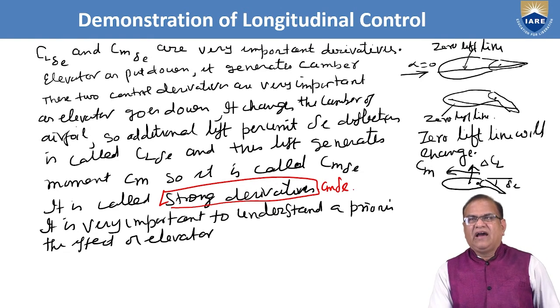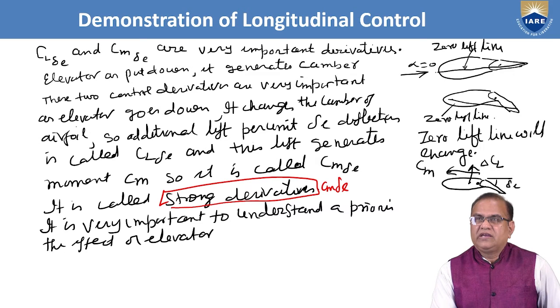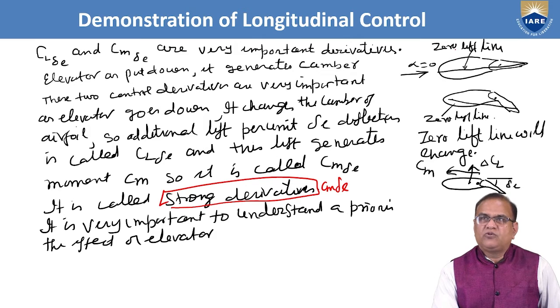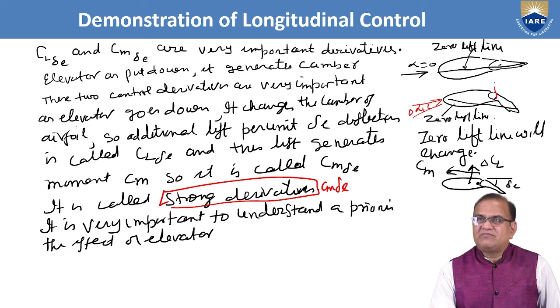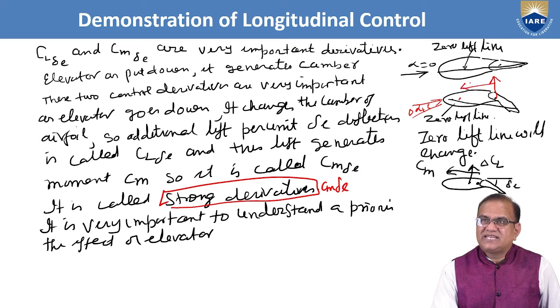So how are these things created? Just here you can see at alpha equal to 0, you don't have any lift. As and when it is deflected downwards, the camber of your airfoil is changed and there is a change in delta alpha t. This delta alpha t makes some lift created, that is called L, and this lift acts at some distance from the CG location, that is LT.